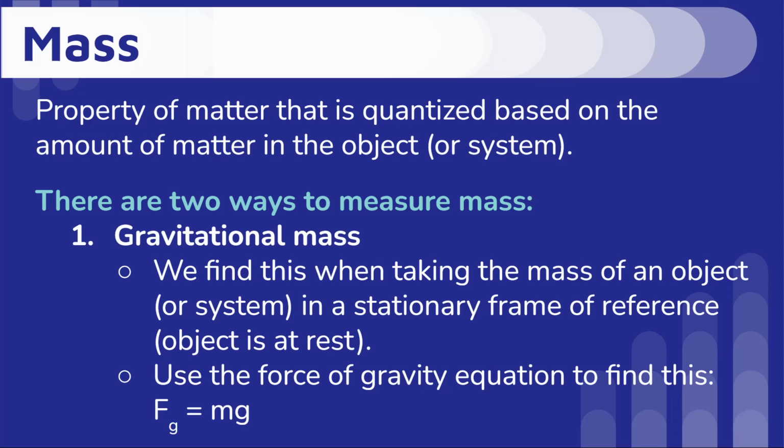If you knew the force of gravitational attraction between you and the planet, and you knew the gravitational field strength of the planet, you could find your mass that way. So you could calculate your mass based on your weight and the gravitational field strength. So that's one way, that's gravitational mass.